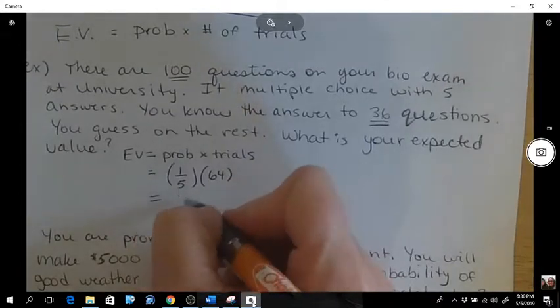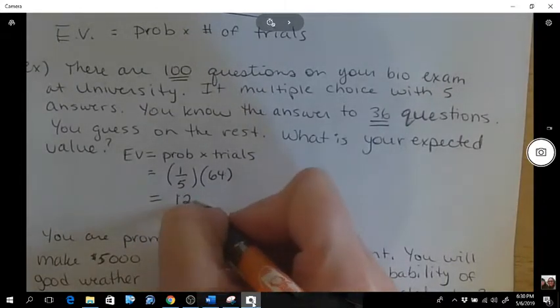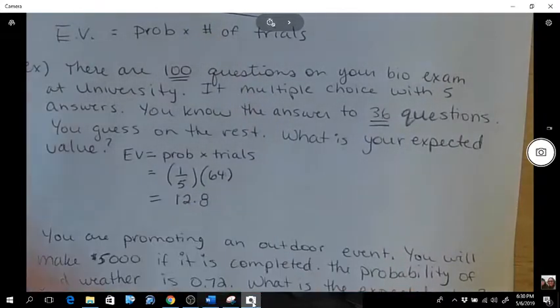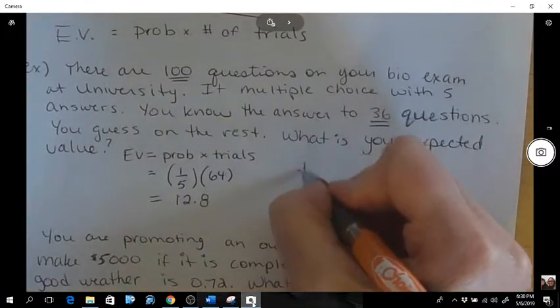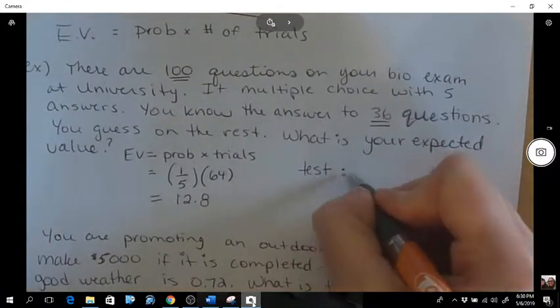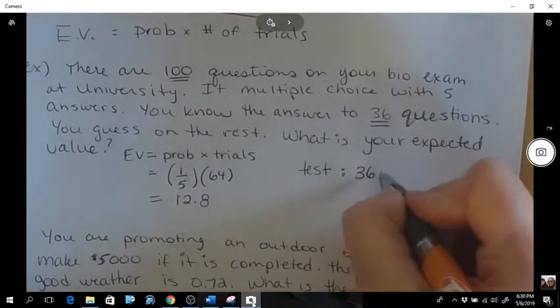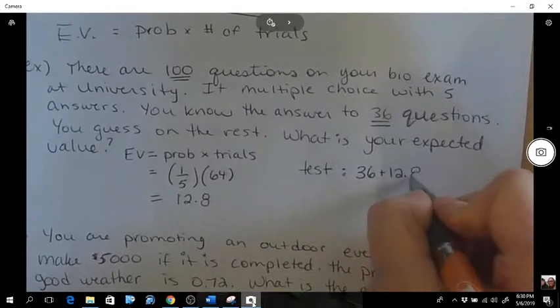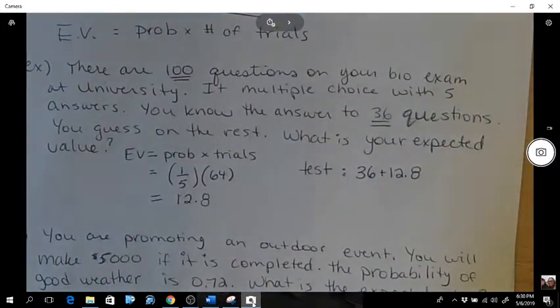Out of all those we guessed on, about 12.8 we would get right out of the 64. So our test score should result with 36, and then hopefully we get 12.8 more right.